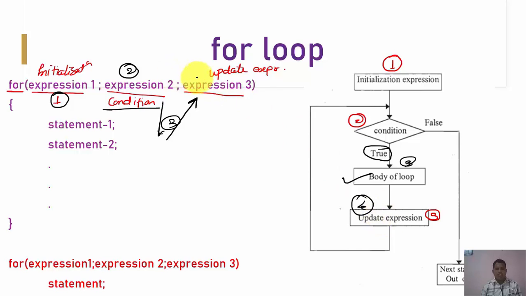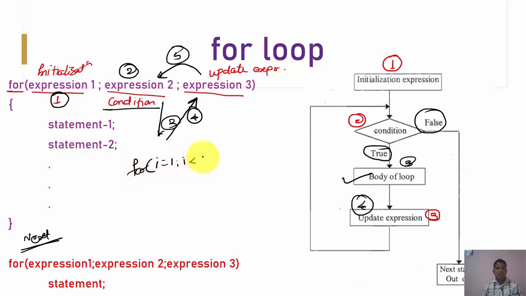After updating, it will go back again to expression number 2, that is the condition. If it is true, the same cycle is repeated, 2 3 4 5, 2 3 4 5. And if this is false, then directly the next statement present outside of this for loop gets executed.